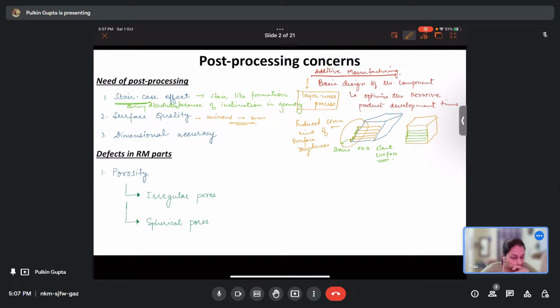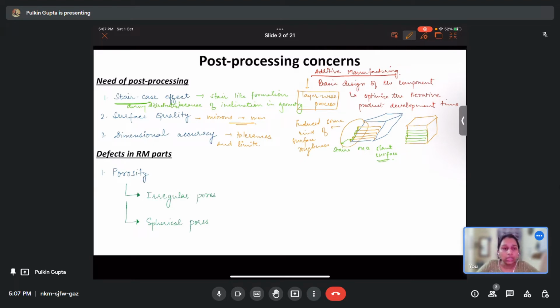There are always some tolerances and limits which are specific to the machine, which need to be taken care of while developing any kind of product. So these account for the dimensional accuracies.